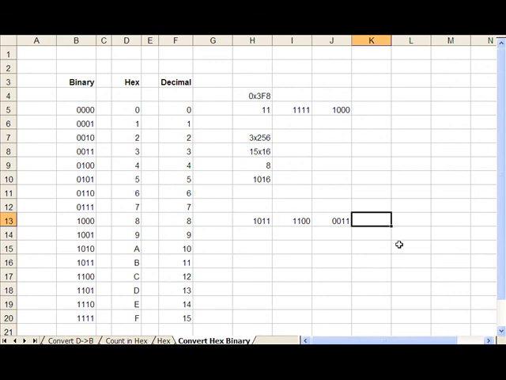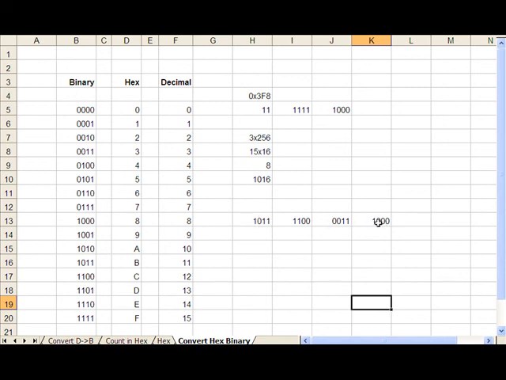So now we have a binary value that takes 2 bytes of memory. We have 16 bits here, and we're going to convert that to a hex number.